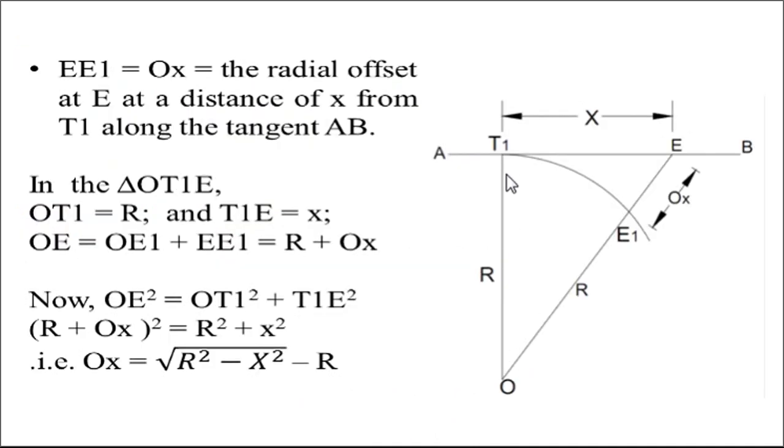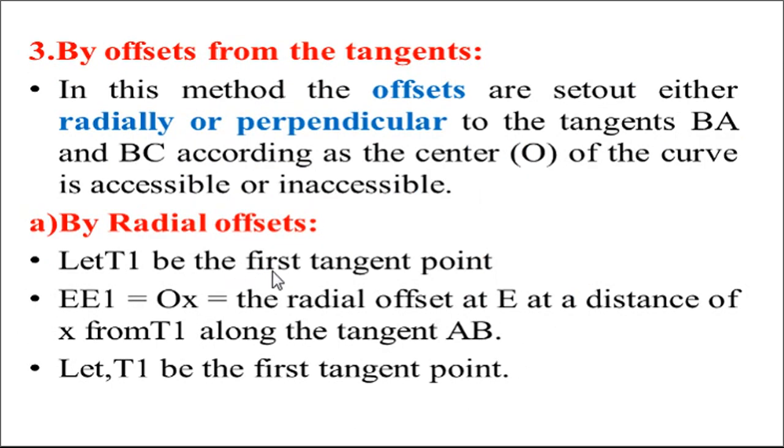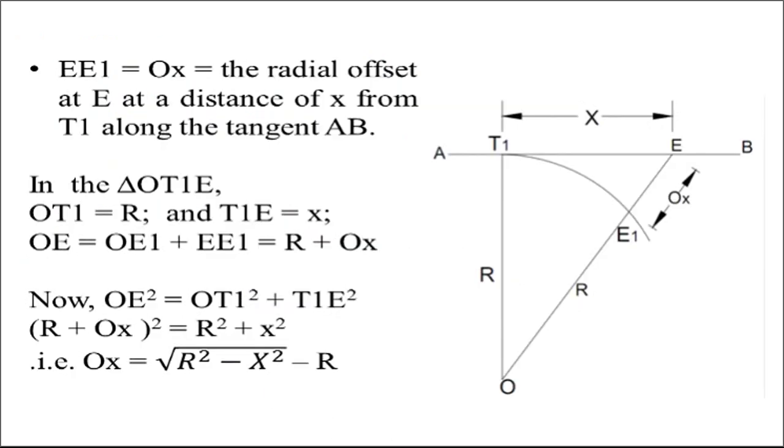So this is the line AB, this distance is x, this offset is OX, and the radius is R.